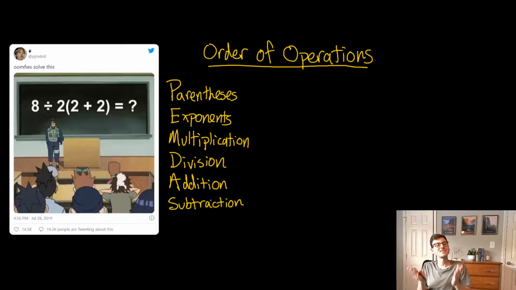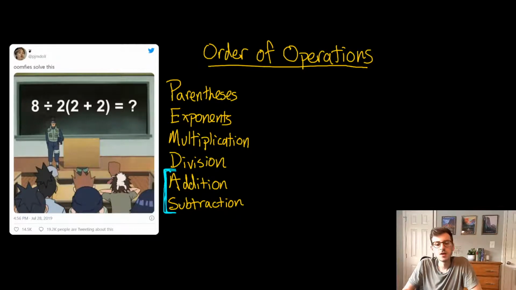But why is it that way? Well, you could think of it kind of this way. We start with the most basic operations, and then we build up to the more complex ones. What do I mean by that? Let's start with addition and subtraction. I want you to think about these as the same thing.